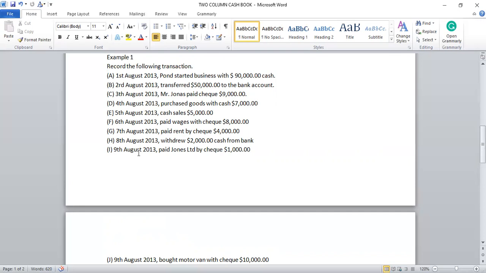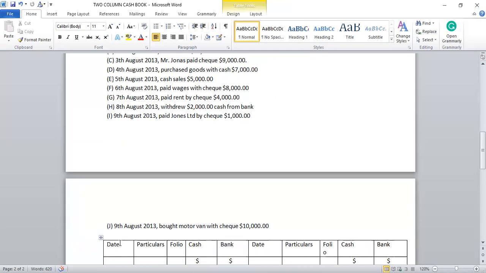I, 9th August 2013, paid Jones Limited by check $1,000. And J, 9th August 2013, bought motor van with check $10,000.